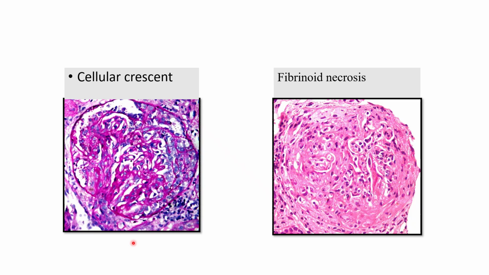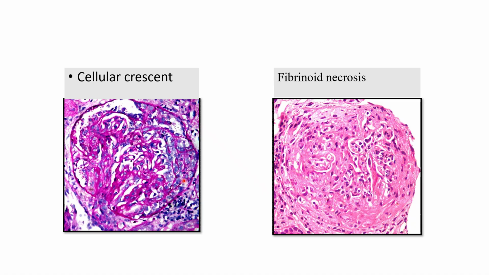Now they have given the definition of the cellular crescent. We can see here there is crescent formation, and there are more cells, more than 75% cells, and fibrin.